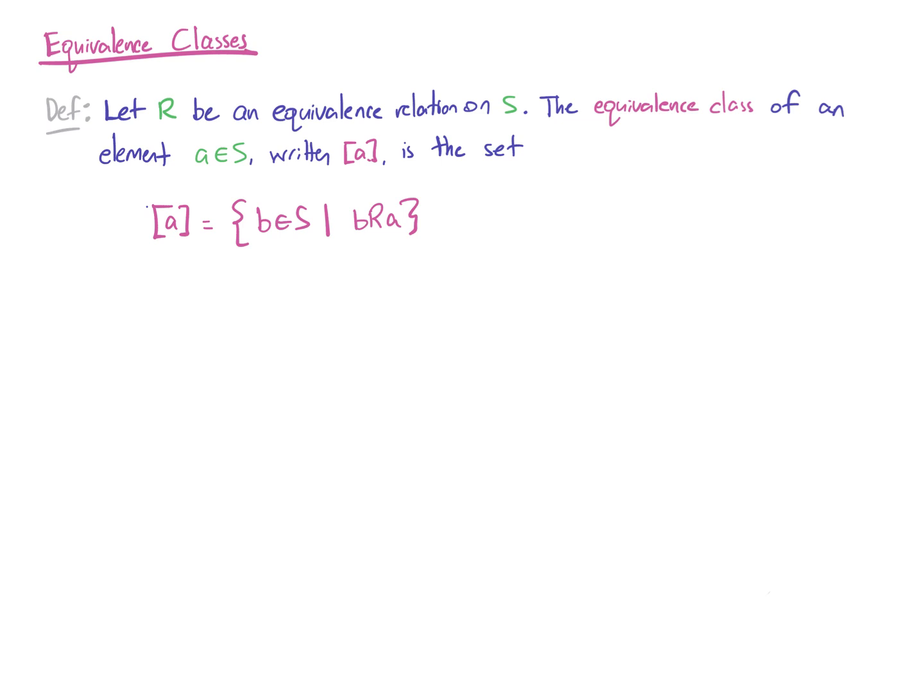So here's an example. Suppose that A R B means that A is equivalent to B, or congruent to B, modulo 2.